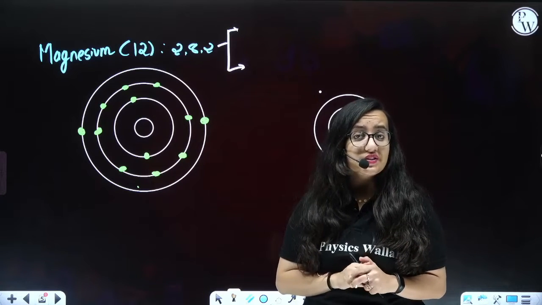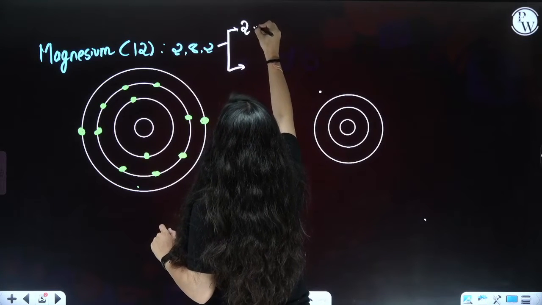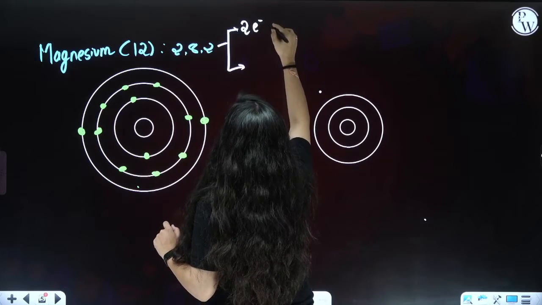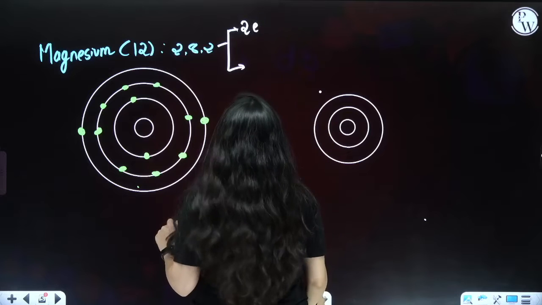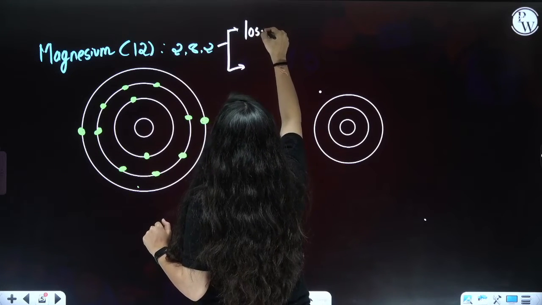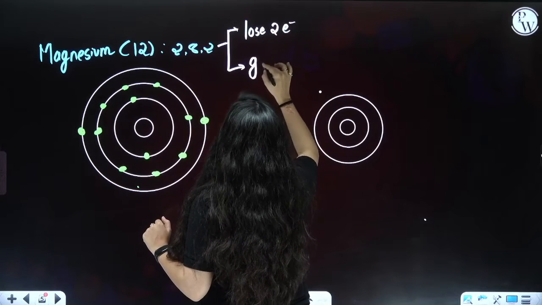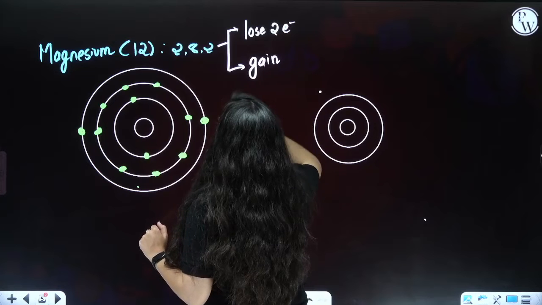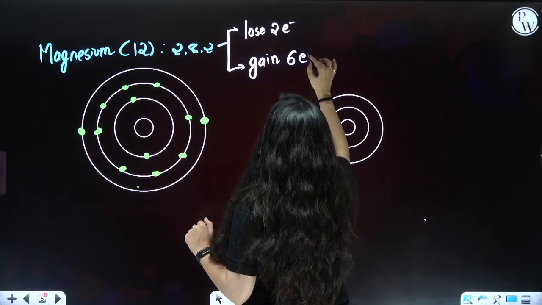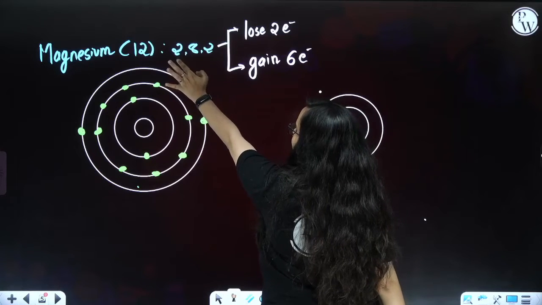Either it can lose 2 electrons, or it can gain 6 electrons. See how? If it loses 2 electrons, this will become 2, 8. 8 is attained.